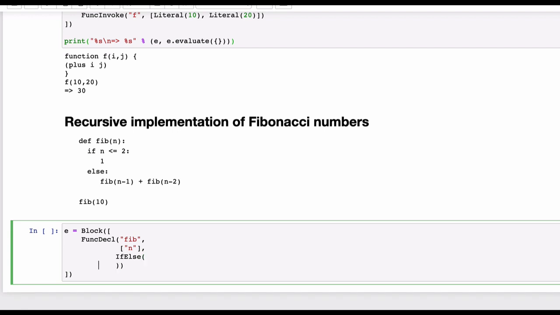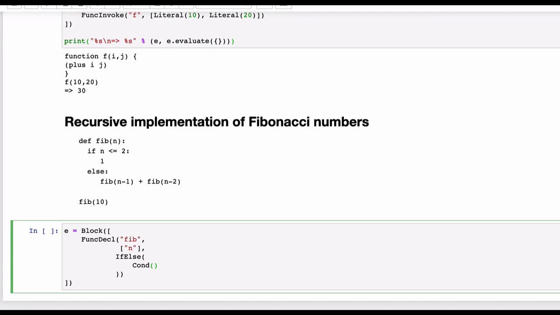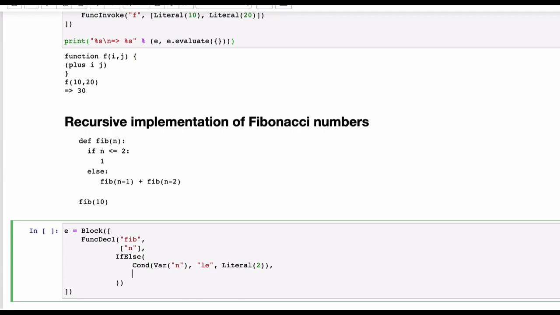and we know that for if and else to be constructed, we need a condition. The condition is the variable n checked against less or equal to the literal of 2. And if that is the case, then we return just 1.